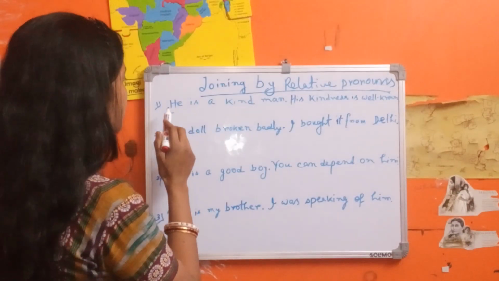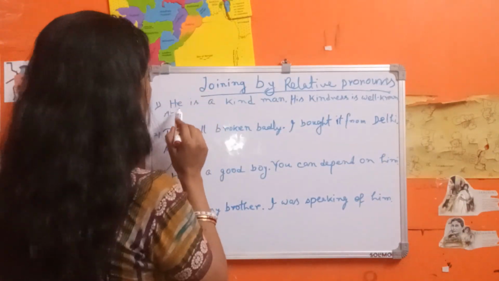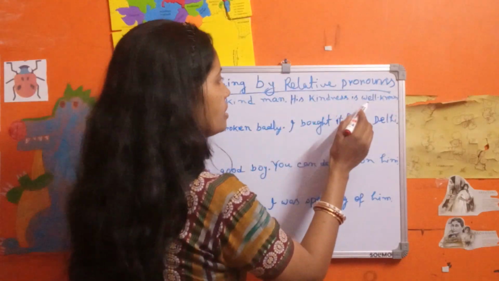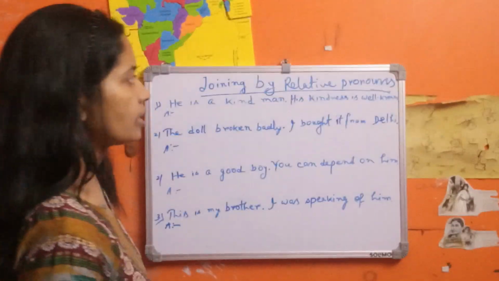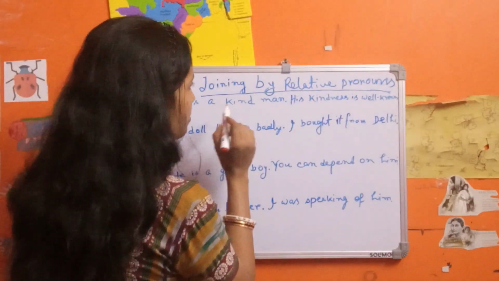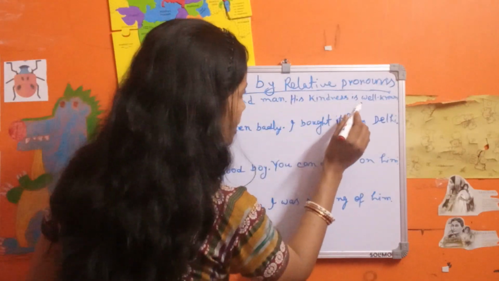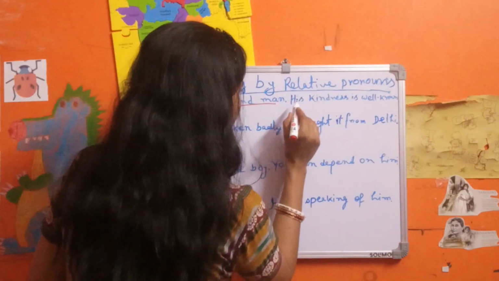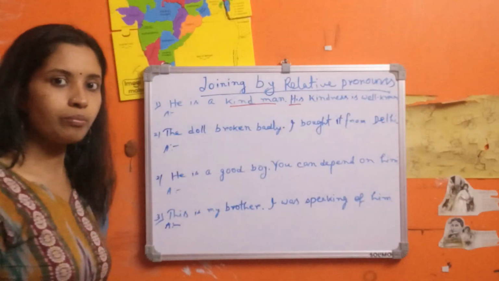Example number 1. He is a kind man. His kindness is well known. First listen carefully. Here, kind man and he are the same person.